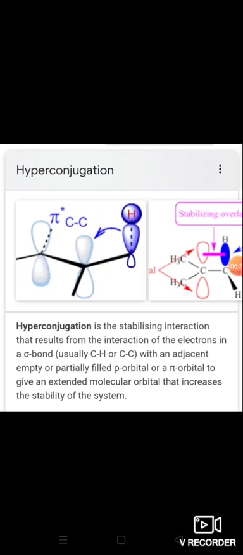Through this overlap, individual electrons can, to an extent, help to bind together three nuclei: two carbon and one hydrogen. Because of this, they can bind together. This kind of delocalization involving sigma bond orbital is called hyperconjugation.